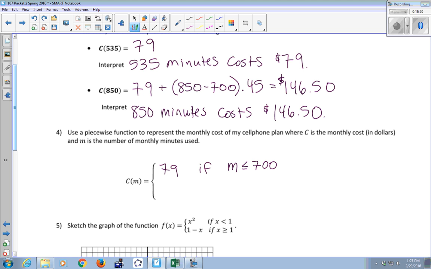All right, and then the other formula I'm going to have is my base formula of 79 plus however many minutes I go over 700 by times 45 cents. So what am I going to put in parentheses there to represent how many minutes over 700 I went? Anna.